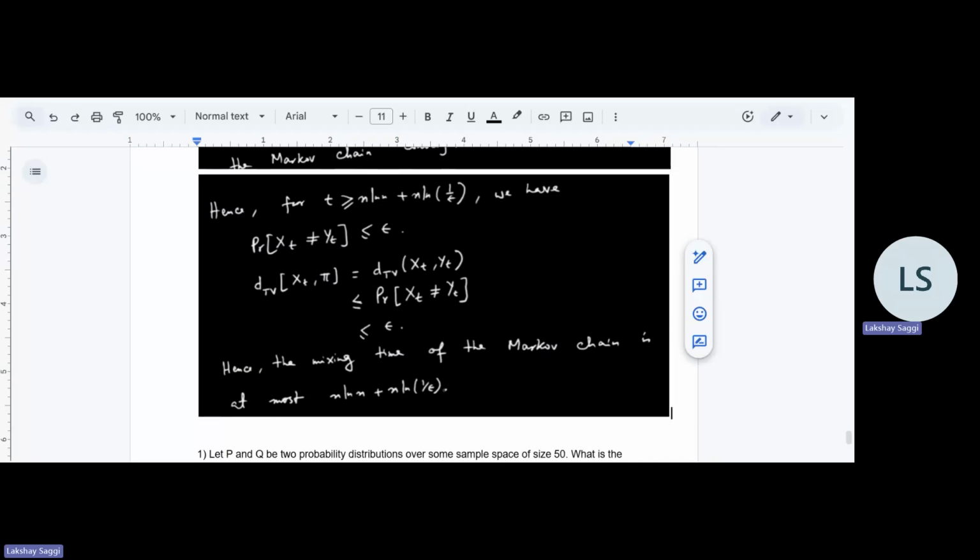It was shown in the lectures that for this kind of card shuffling game, where you pick a card at random and put it on top, the mixing time of the Markov chain is at most n log n plus n log 1 over epsilon, where n is the number of cards which you have. You can see the lecture videos for a concrete proof of this.